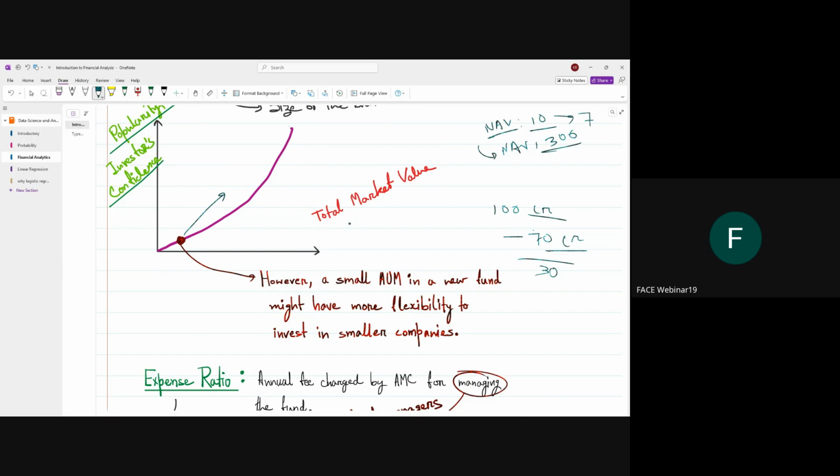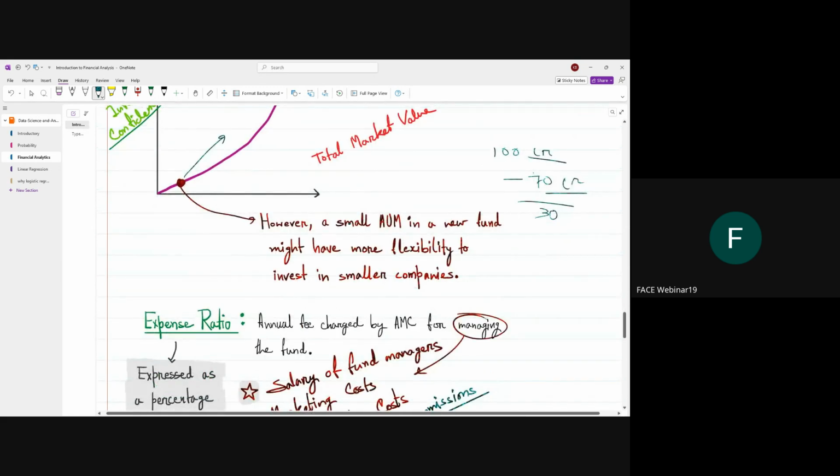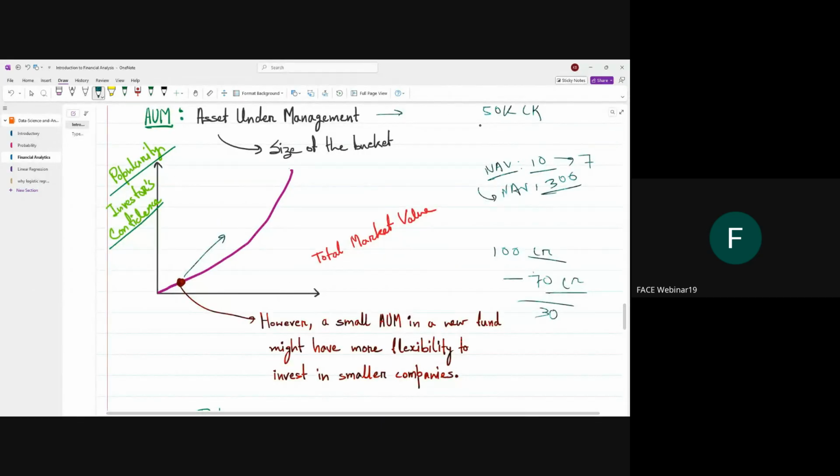So the bigger the fund is, the lesser the risk. However, the fund which has 50K crore won't grow that much compared to the smaller fund. If there are two funds, this can come up to this, but this is already saturated, so it won't go up.